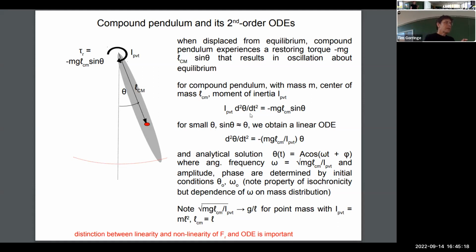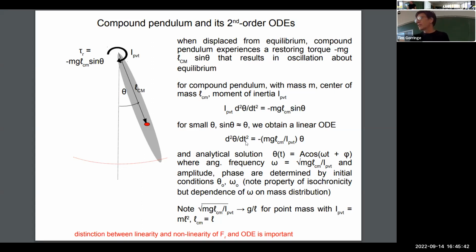If, again, you make this approximation that the angle of the compound pendulum during the oscillations is small, a few degrees, maybe up to 10 degrees, then you can make the approximation that sine theta in the upper differential equation is approximately theta.